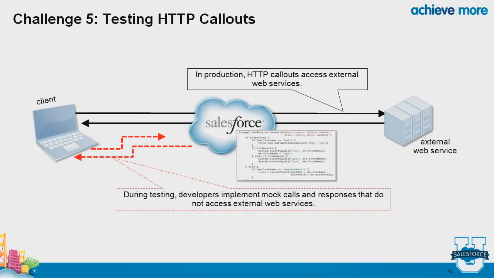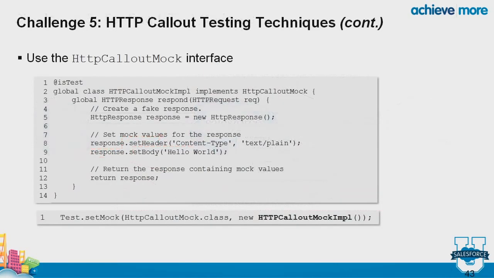So how do you validate or how do you test your production code that does a callout and that you get back where you think you should be getting back, and you process those results? You write a class that implements a mock for the HTTP callout mock, has one method called respond. It receives a request and sends a response back.